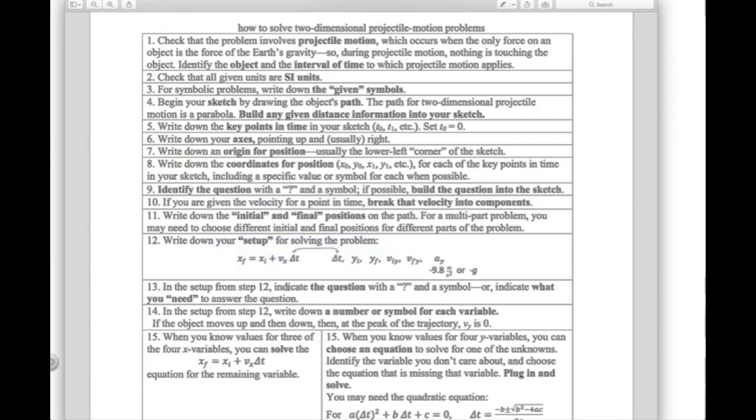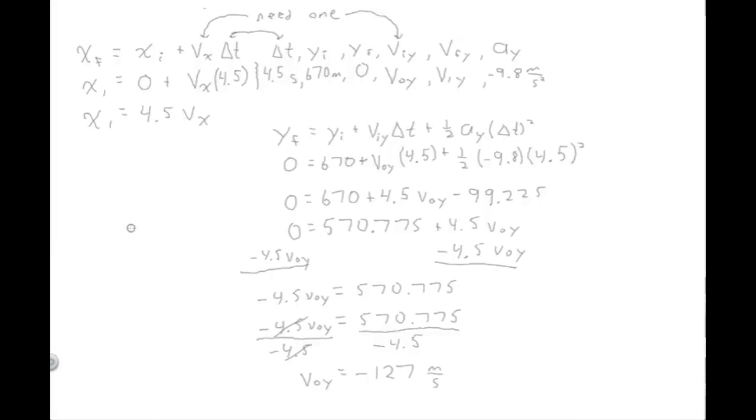Setup. Now we should indicate the question or what we need to answer the question. Well, I can now erase this. This is what we needed for part A. I should build what we figured out into the information here.